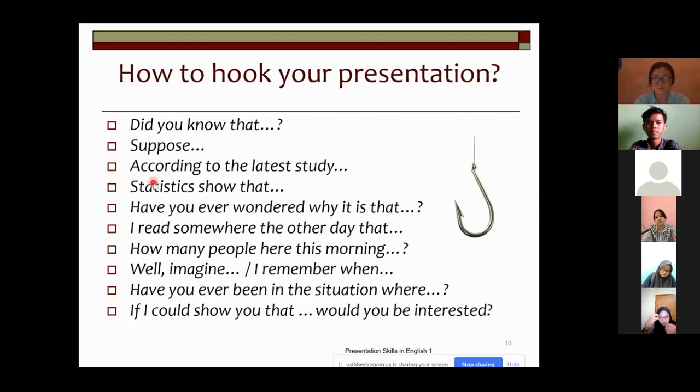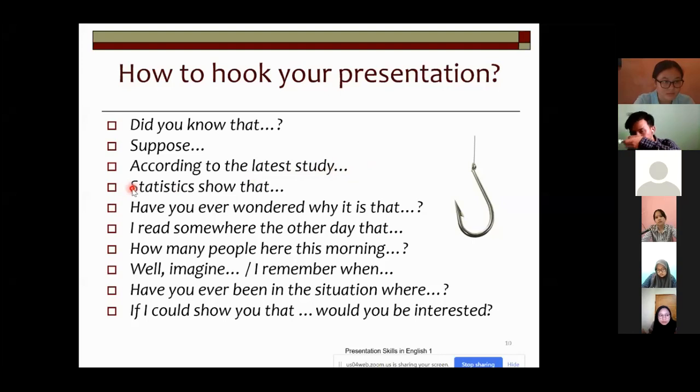And the third one, you may say, ladies and gentlemen, according to the latest study. It will sound scientific because you talk about the latest journal, the latest research. You may say that based on the data.